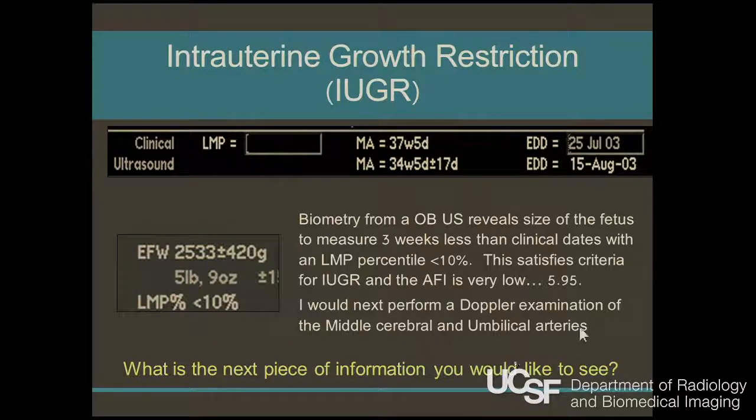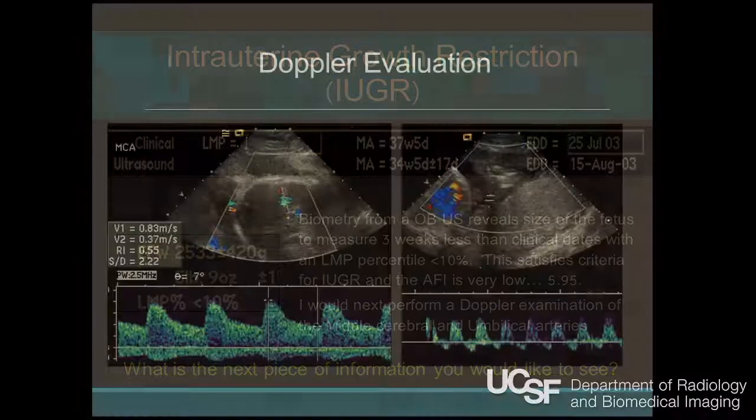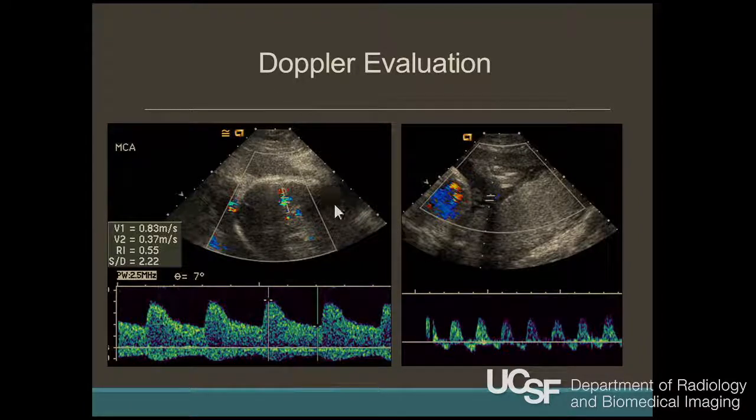But there's one other piece of information that's really helpful, and a lot of radiologists don't really know how to interpret it or what to do with it, but it's actually really easy and can be really useful for the obstetricians. And that is the Doppler evaluation of the fetus. So we can measure the flow, the spectral tracing within the middle cerebral artery and within the umbilical artery.